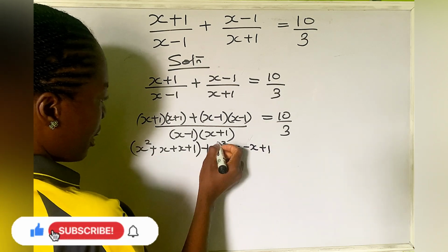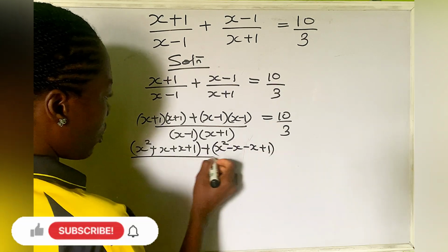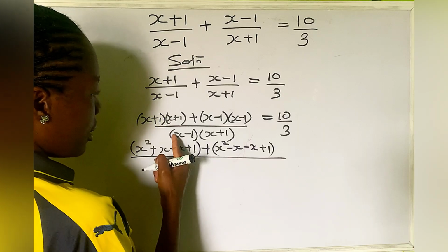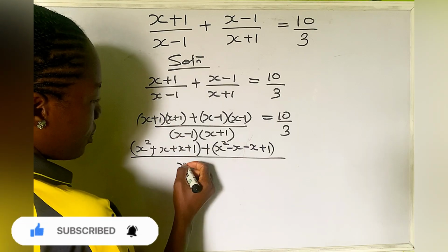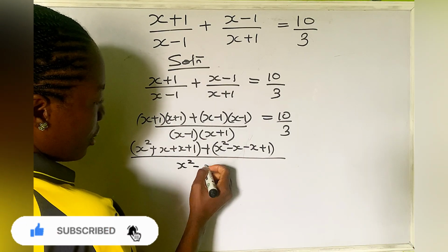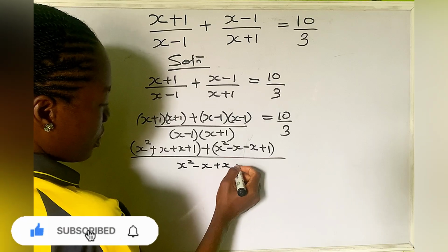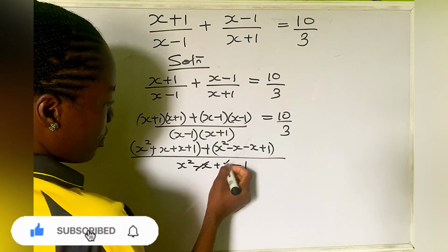Now this is together all over. This multiplied by this will give us x² − x + x − 1. So this will cancel this.